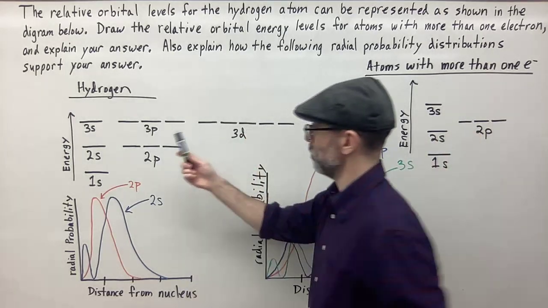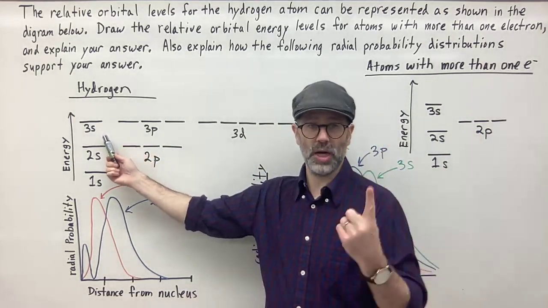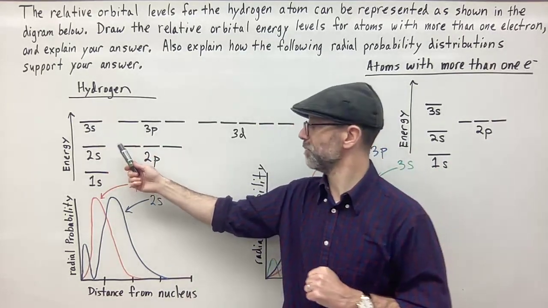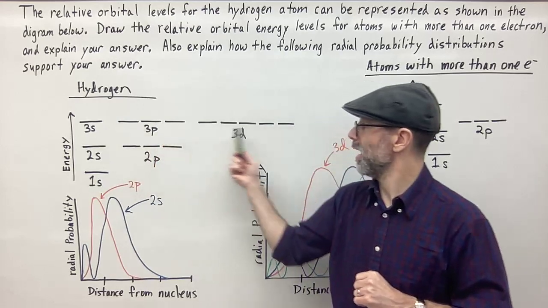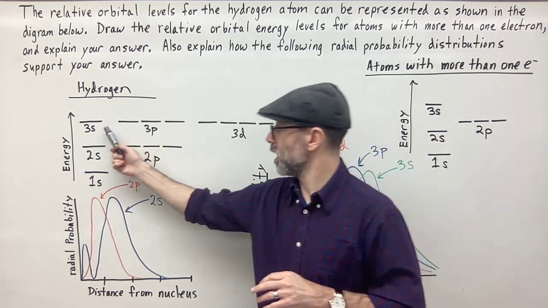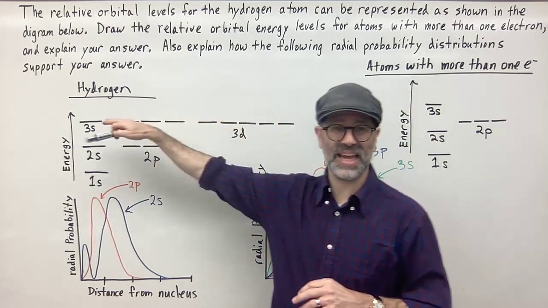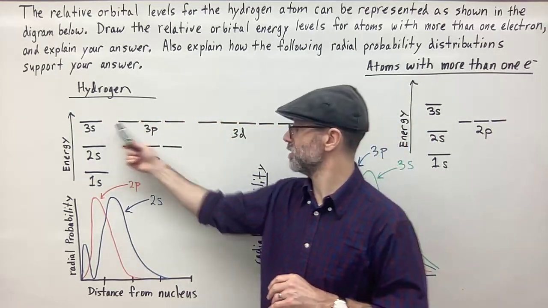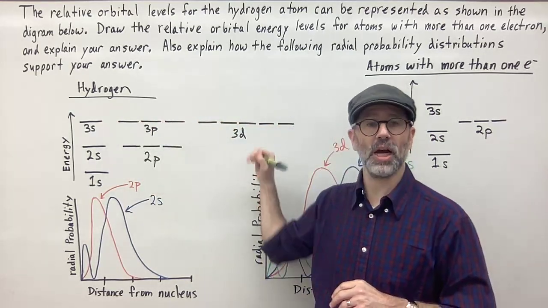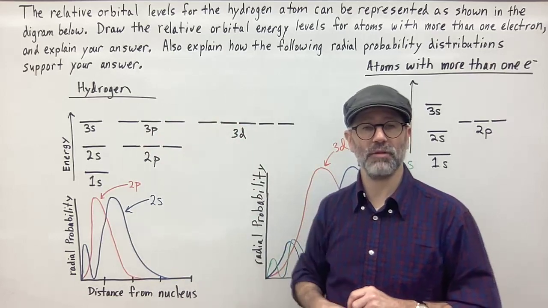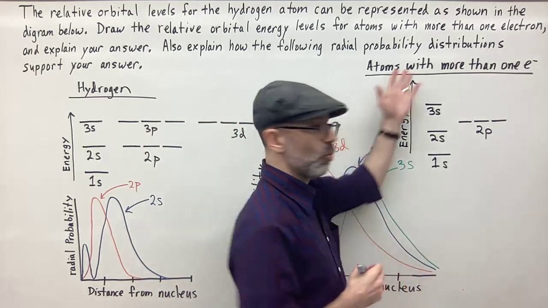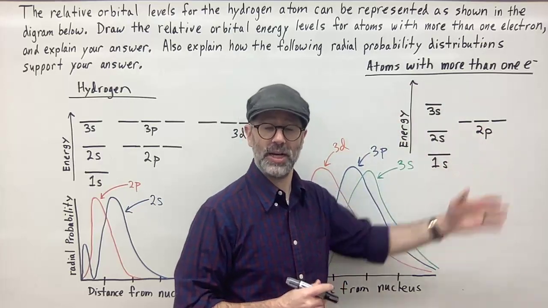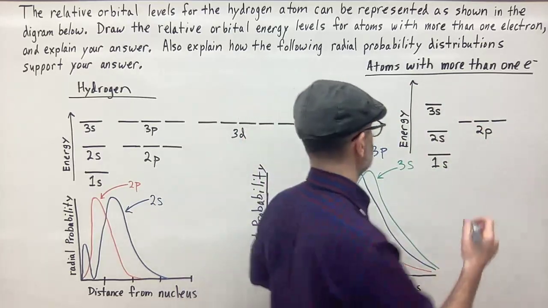But remember, when you only have one electron, like hydrogen, all of the 3 sublevels are going to be at the same energy level. So the 3s, the 3p, 3d are going to be at the same energy level. There's no energy level splitting. And so when you have more than one electron, now you're going to get that energy level splitting.